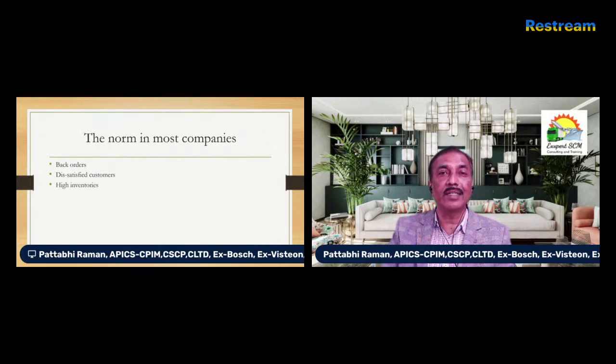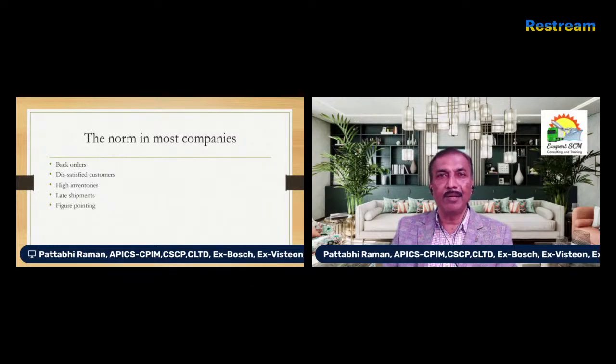You enter such an organization, they will have huge inventory on one side, and on the other side they will have a lot of shortages, which only means that unwanted inventories are building up, but really required inventory is not available. Late shipments: items will not be dispatched to the customer on time, so the OTD or OTIF performance will be very poor.